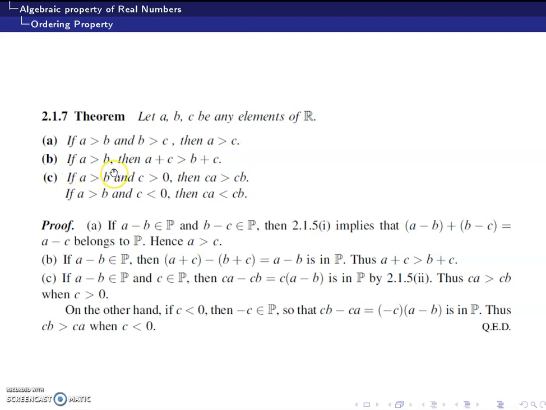If A greater than B, then A plus C is greater than B plus C, which means that addition of an element does not change the inequality at all. Let's prove this.